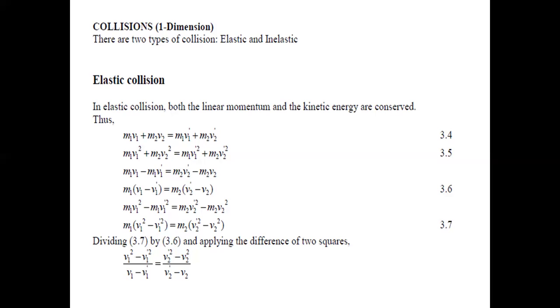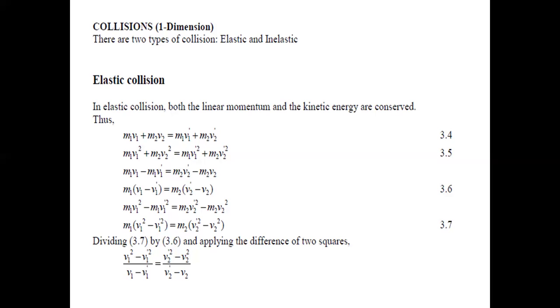Then the other equation, we rearrange that one as well: m1 v1 squared minus m1 v1 prime squared equals m2 v2 prime squared minus m2 v2 squared, which you can write as m1 times (v1 squared minus v1 prime squared) equals m2 times (v2 prime squared minus v2 squared).